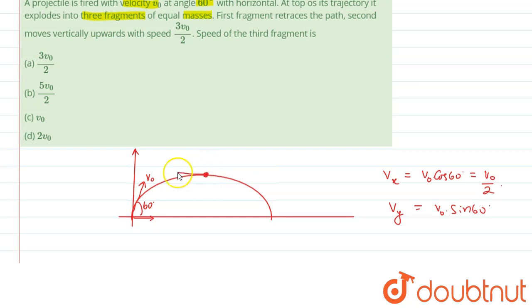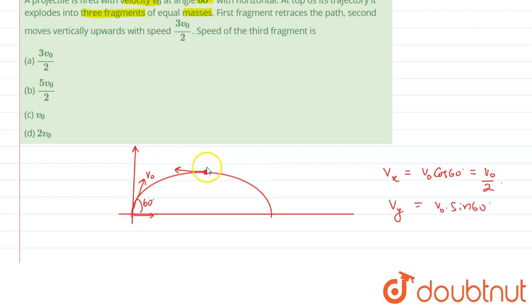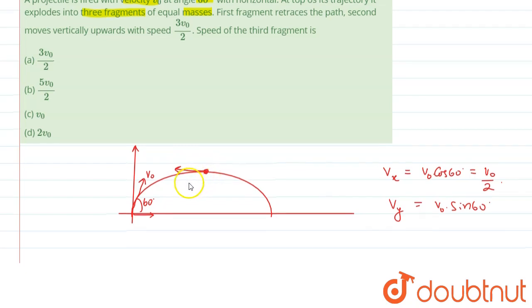That means the velocity of the first particle should be horizontally to the left, and its velocity at this point will be minus v0 by 2, because at the highest point the velocity is horizontal. And the second particle moves vertically upward with speed 3v0 by 2, and the speed of the third particle we have to find.